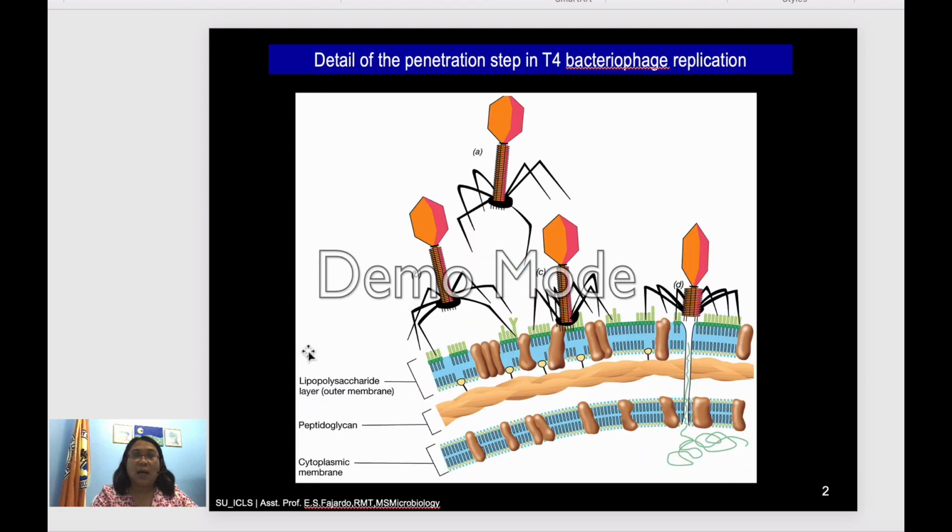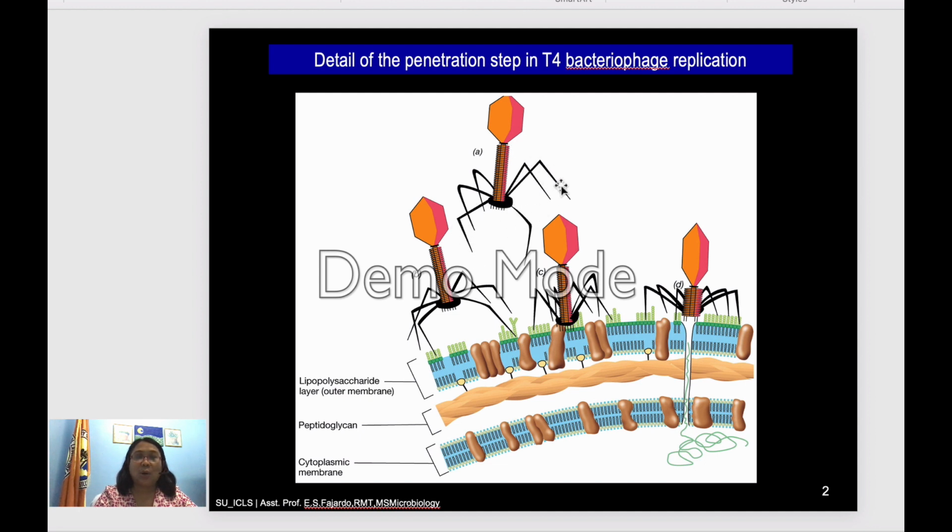Now, this one will give you an idea of how a phage penetrates the bacterial host cell. Unique to T phages, bacteriophages have a complex structure. They have an icosahedral head, they have a body or midsection that is helical, and they have the tail portion.